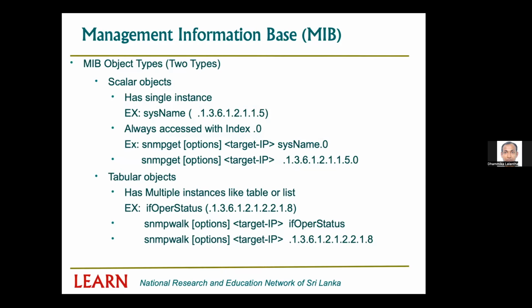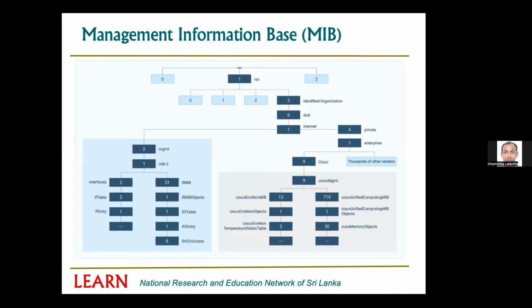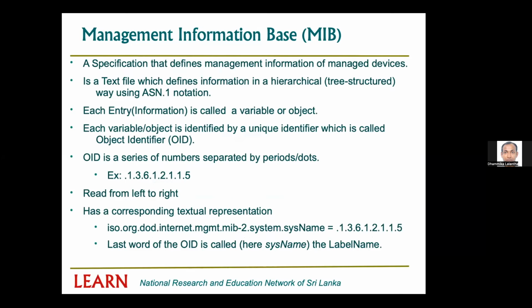It is hierarchical. So 3 is a subdirectory of 1, 6 is a subdirectory of 3, like that. That is why it's called hierarchical. In this way we can define the available MIBs in this diagram. We will come to this later. I wanted to show you what hierarchical is.